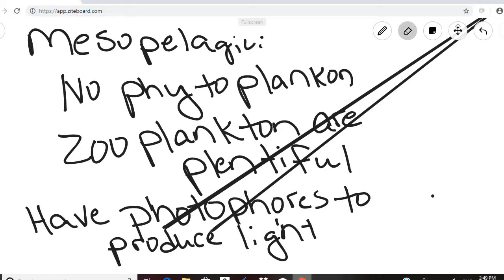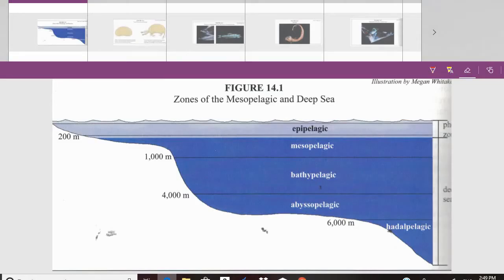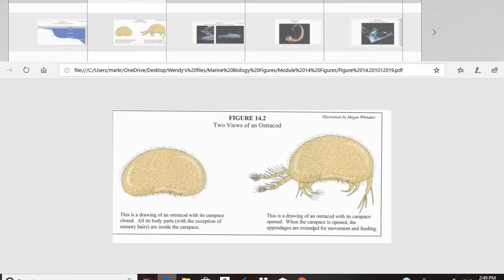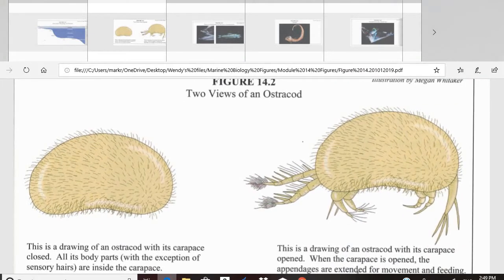We look at one that we are going to look at in lab that is called an ostracod. So here is a picture of an ostracod. It's a crustacean, and they can be anywhere from microscopic to up to an inch in diameter.